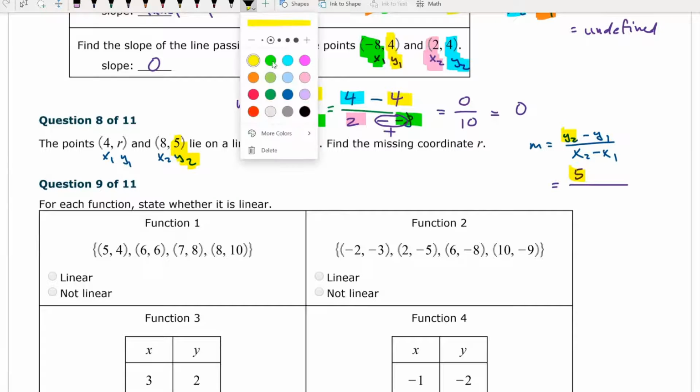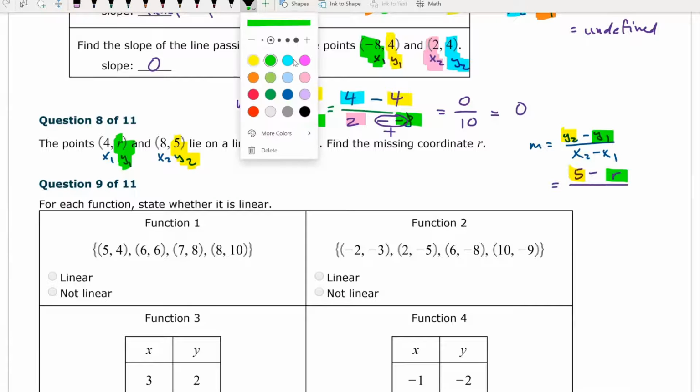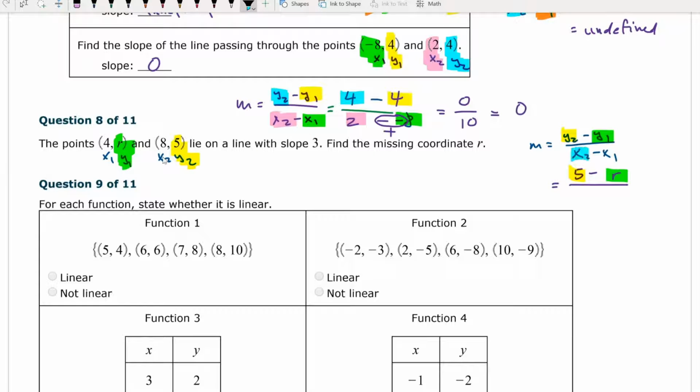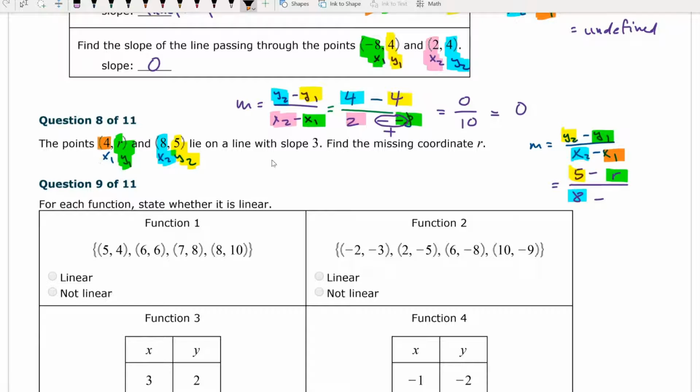Minus y1 is r. Okay, so 5 minus r. x2 is 8, minus x1 is 4.